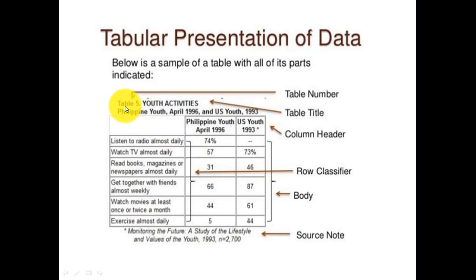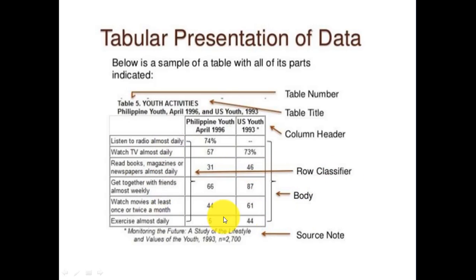So row classifier, the body of the table, the source note. All these are important parts of the table. Whenever we are constructing any kind of table, all this information must be included in the table.